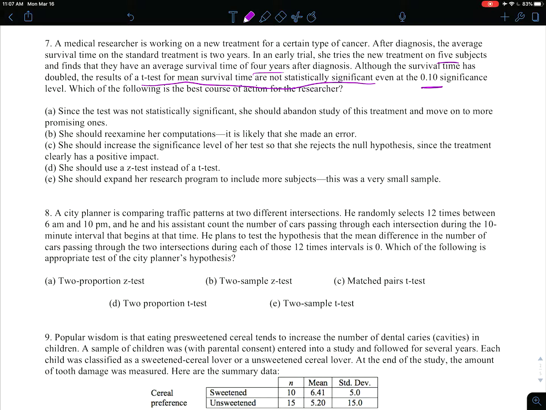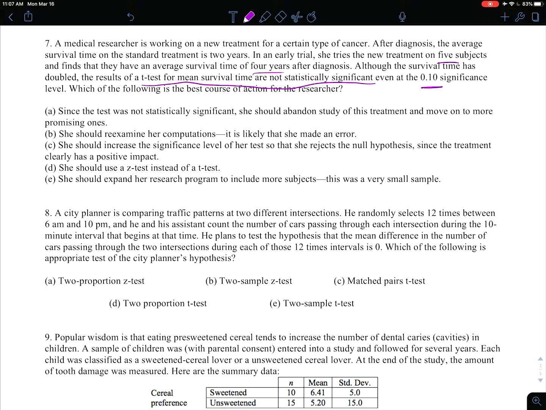Which of the following is the best course of action for the researcher? So even though on average it was 2, there was this 5 subject set where they had an average of 4 years, which sounds good. But when they ran the test, it turned out it wasn't significantly more.